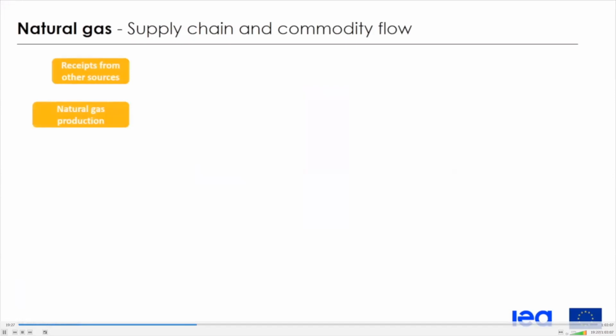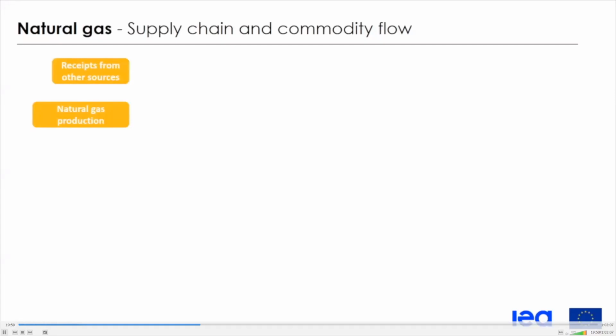This can be gases from an oil field or gases coming from a coal mine, for example. Natural gas is mainly produced by extracting a mixture of methane from underground deposits, and also a small share of gas blended into the natural gas grid that comes from oil, coal, or renewables.